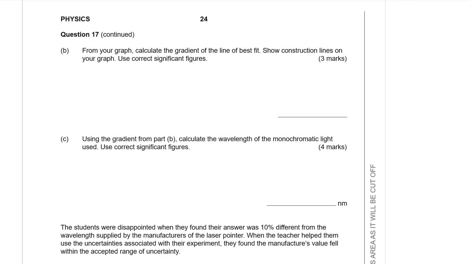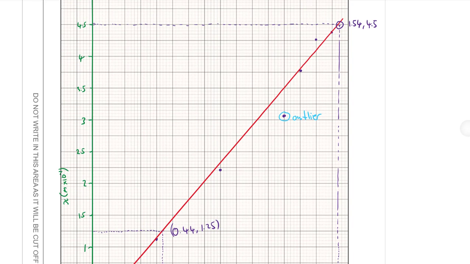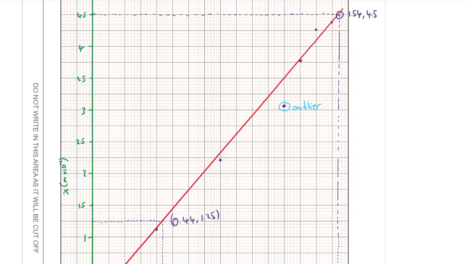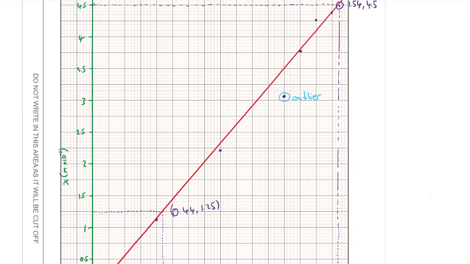Okay, so for question 17, it's asking me to calculate the gradient of the line of best fit, showing the construction lines and using the correct significant figures. So I've already drawn in the construction lines and written my data points so I can save some time. I've picked 2 points here that are close to the range of values. I'll talk later about why that might be an important thing to do for this particular question.